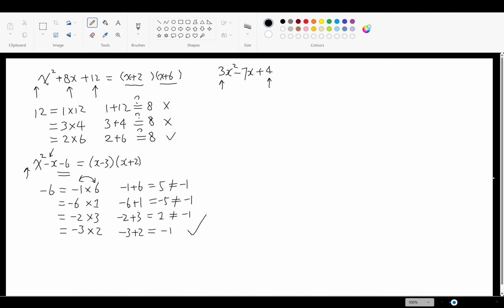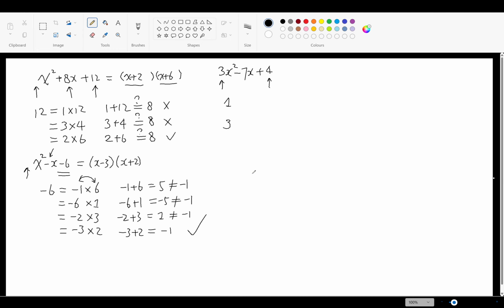So in this case, we factorize 3 as 1 multiplied by 3, and we write these two factors vertically like this, 1 and 3. And then we factorize 4 as well, and we write its two factors vertically again.